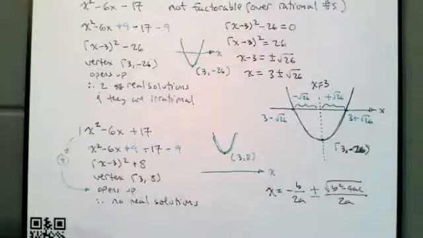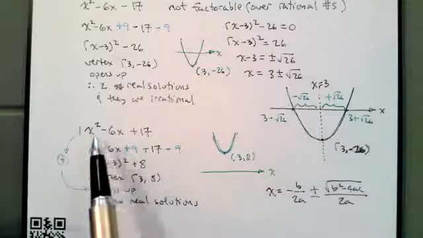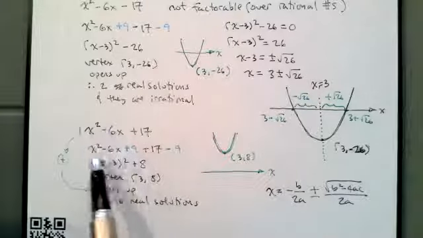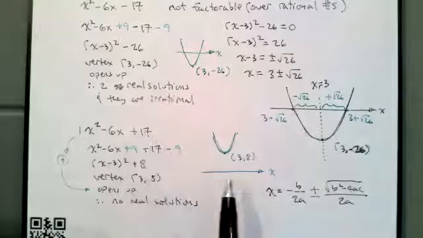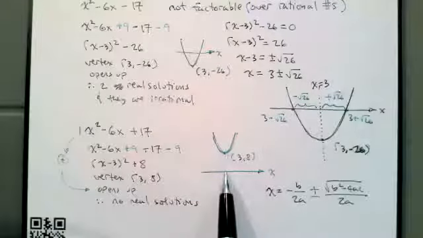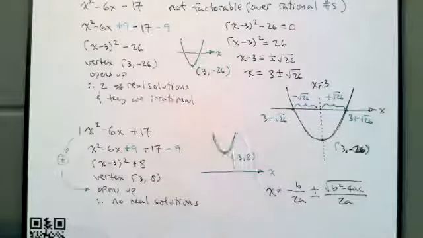That's what tells us whether we're going to have real solutions or not, and we have those instincts not because of this b squared minus 4ac stuff, but because we look at x squared minus 6x and imagine (x minus 3) squared with a plus 9. A plus 9 will put the vertex at 0, and anything more than that will move the parabola up. When it's less than that, it moves the parabola down.